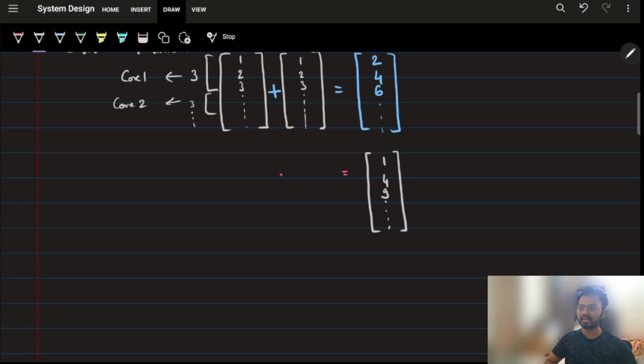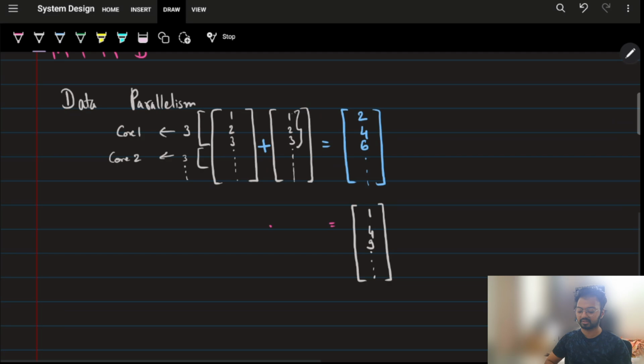This is a classic example of data parallelism, where you don't need to rely on the calculations of any previous steps. The addition of these three is independent of any further numbers which are coming. Even not just these three, every instruction is individual on its own, whether I do a dot product or addition.